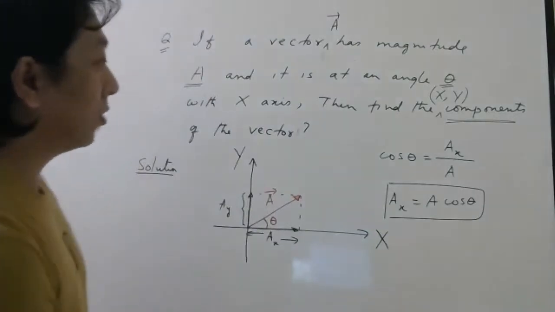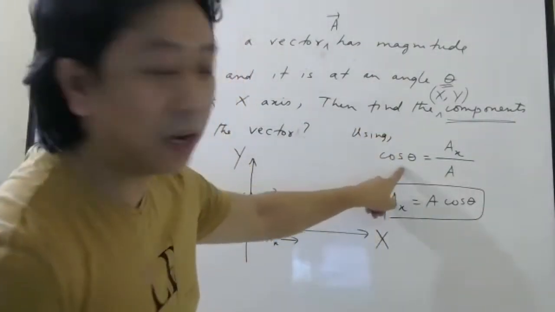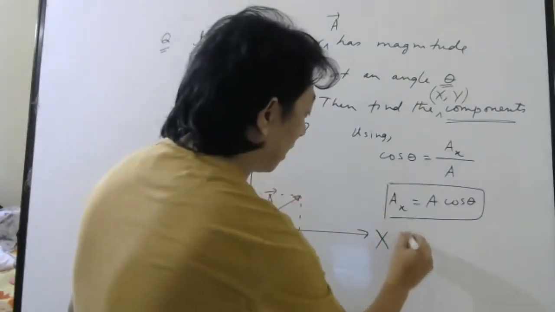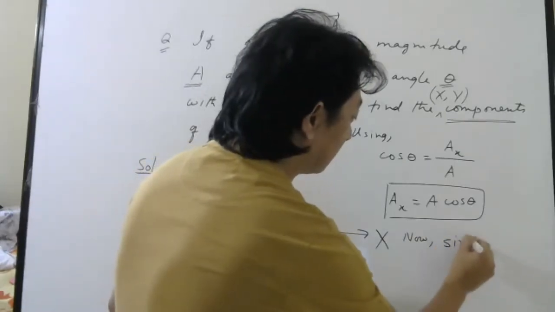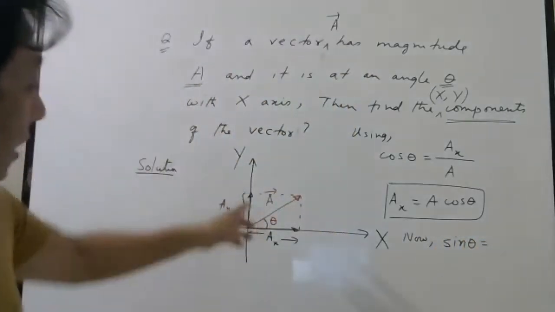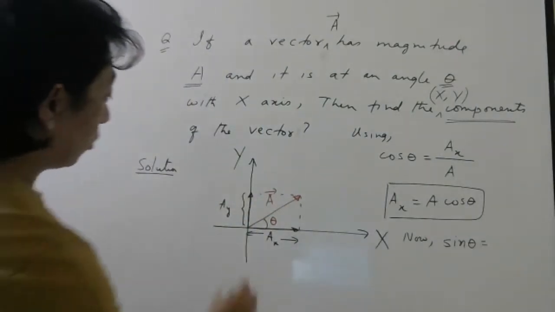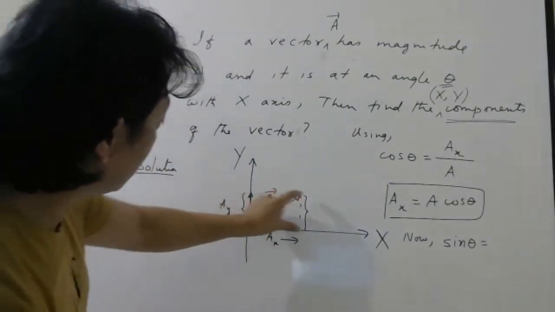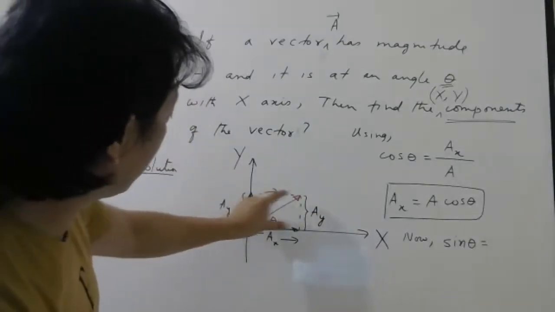So using this formula, we can find the x component. Now let us find the y component. Now let us find sin theta. What will be sin theta in this diagram? Opposite side is this. But look here, if this is ay, this is also ay.